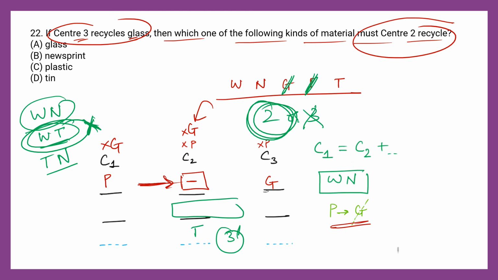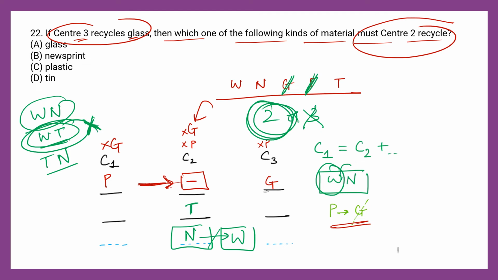Let us look at the third possibility. Can you put T and N in here? Yes, you can. Remember one thing: if you have N, that does not mean you should have W. If you go back and read the directions, it says that any of the centers that recycles wood must recycle newsprint. But that does not mean that if something is recycling newsprint, then it should recycle wood.